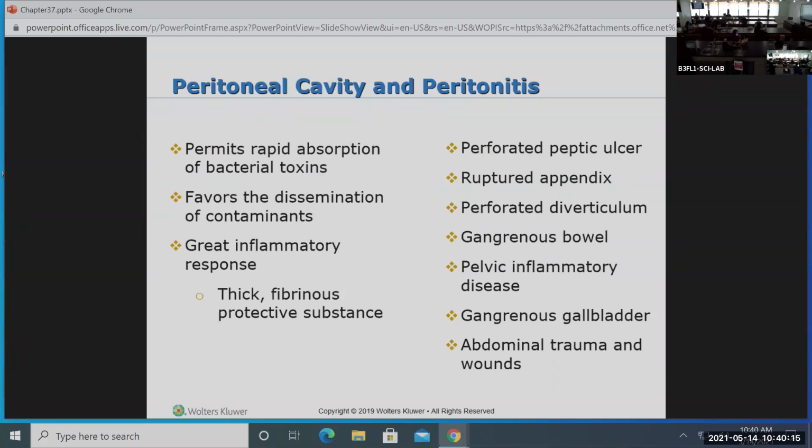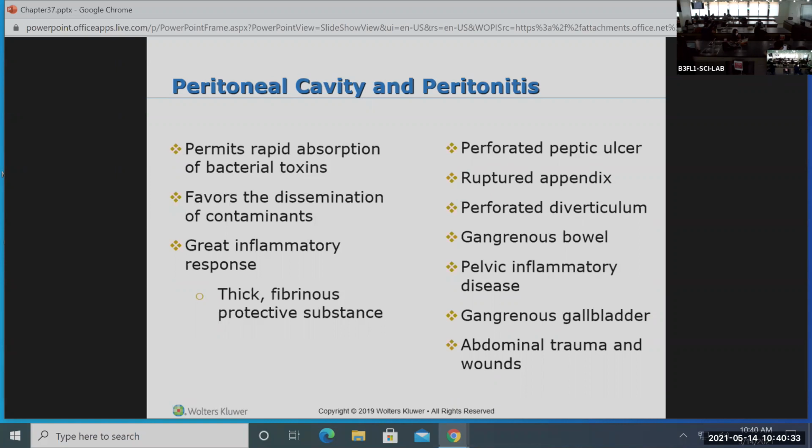Please remember, the peritoneal cavity has a peritoneum. Inflammation of the peritoneum we call peritonitis. Okay.